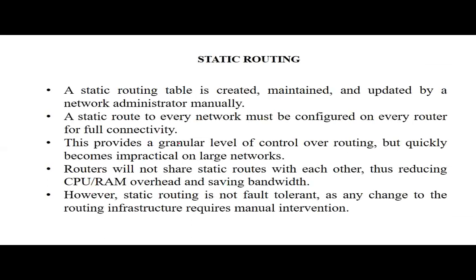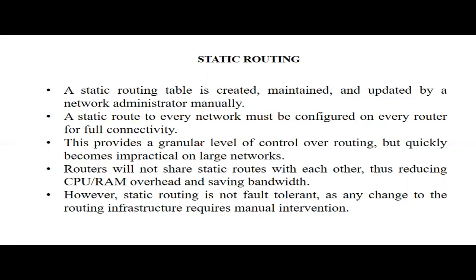A static routing table is created, maintained and updated by a network administrator manually. Static means there is no change unless the administrator changes the routing information in the table. A static route to every network must be configured on every router for full connectivity.